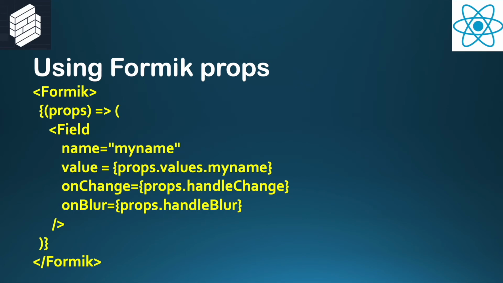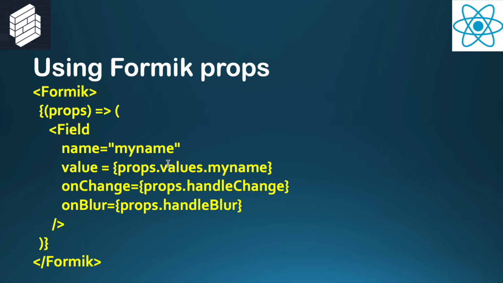So what is the purpose and how do we use it? Let's look at the usage of these props. Within the Formik, we define our fields and everything. While defining it, we can pass the props and then use them in the field. In this example, the value is props.values.myname.